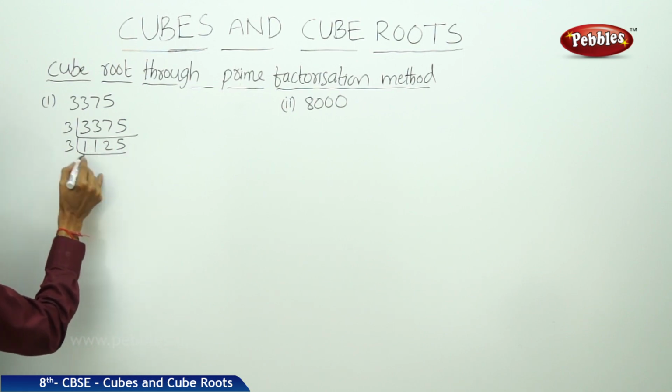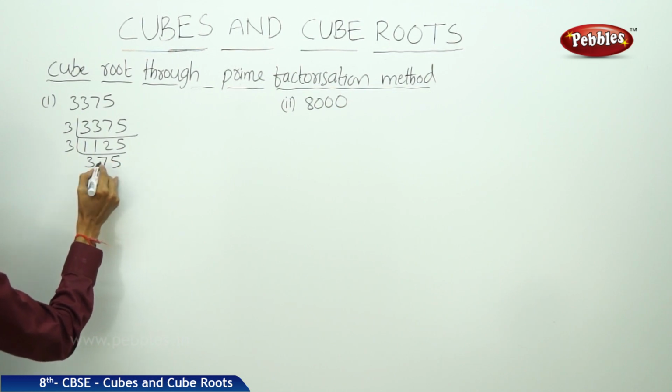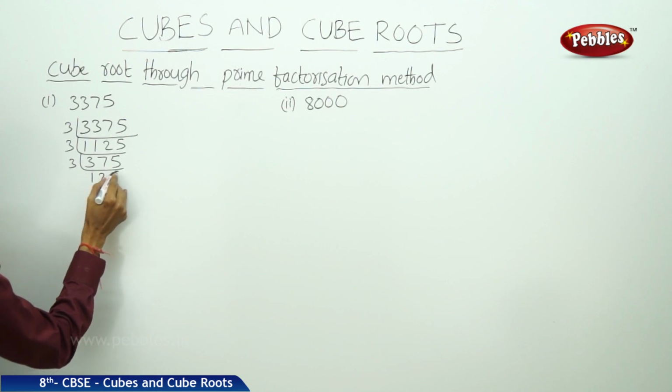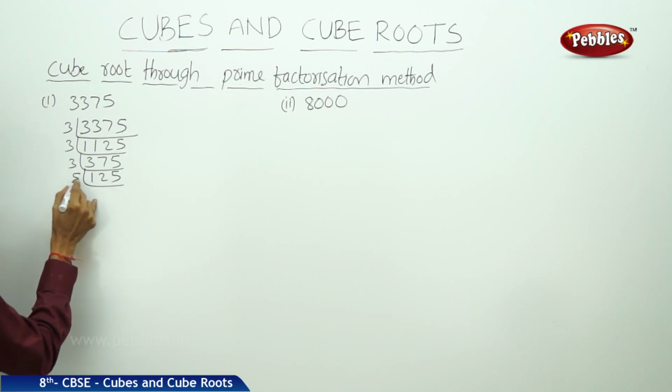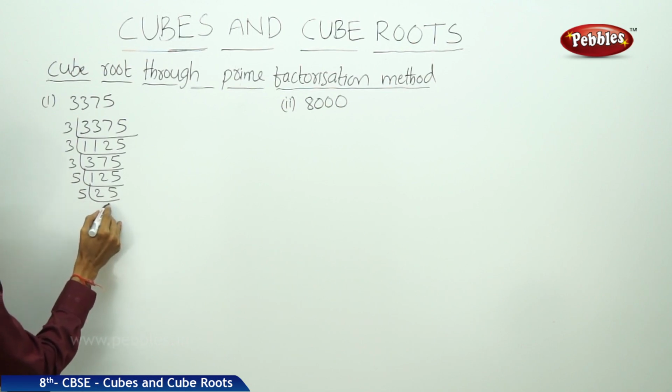Again 3 table. 3 3s are 9, 2 remainder, 22, 3 7s are 21, 3 5s are 15. 3 1s are 3, 3 2s are 6, 3 5s are 15. Again 5 table. 5 2s are 10, 5 5s are 25, 5 5s are 25.